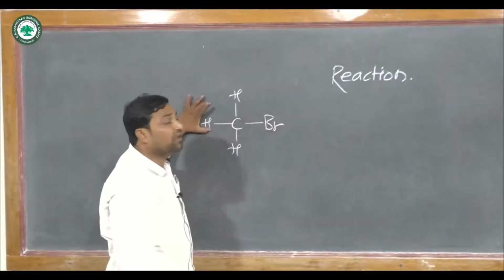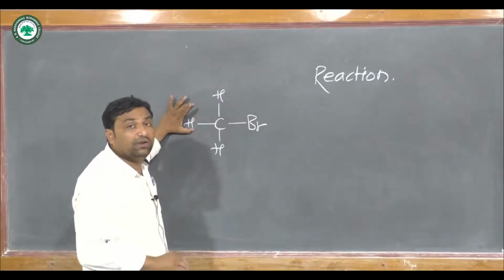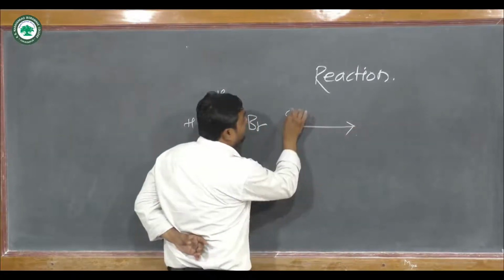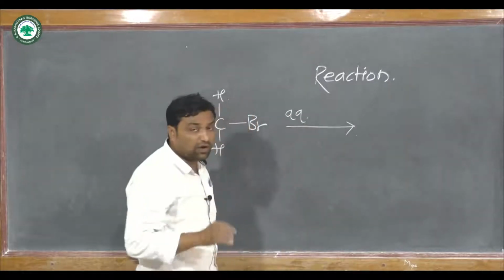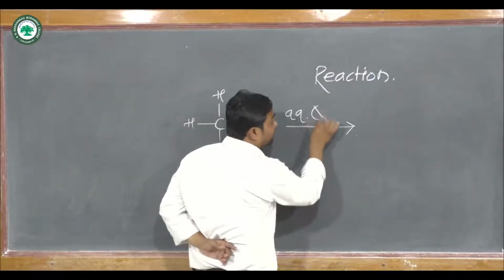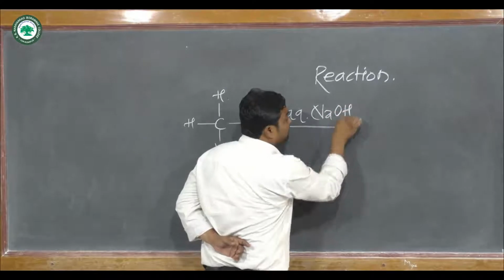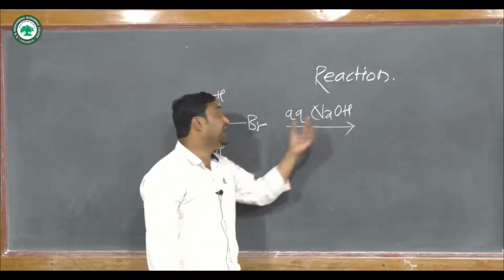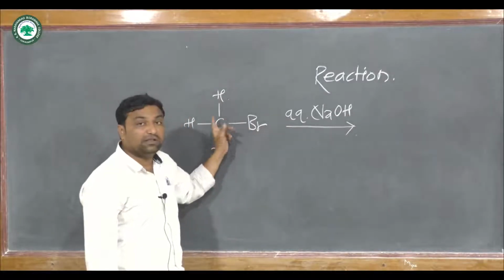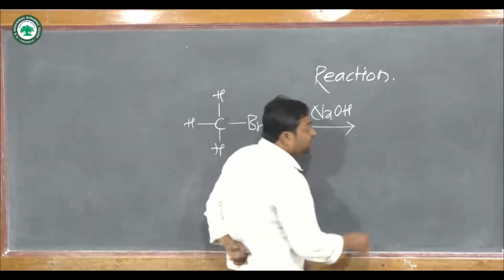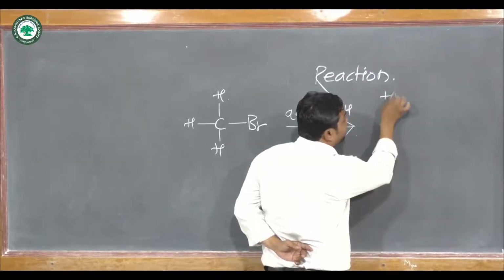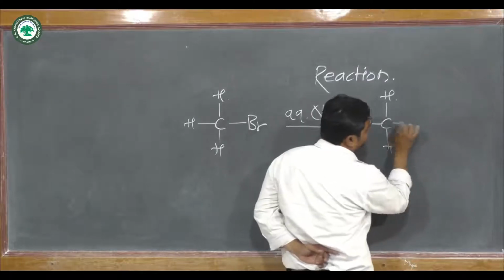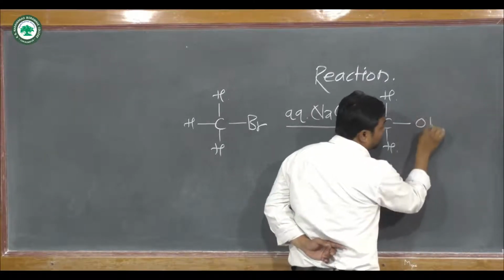When this methyl bromide undergoes hydrolysis with aqueous NaOH or KOH, here we use NaOH solution, the nucleophilic OH negative ion attacks the carbon of this alkyl halide to give methyl alcohol as a product.